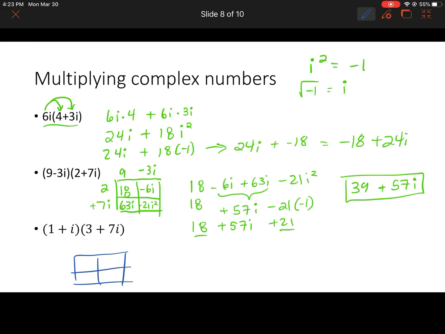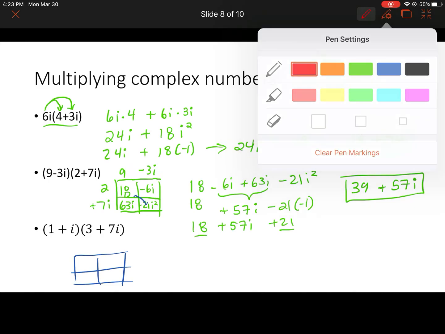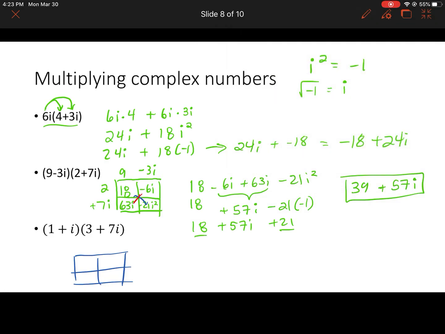I find it a bit easier to use the box method whenever you have imaginary numbers, just because the i squared is going to help you remember that it's supposed to be a negative value. These two are the same terms, and then these two are the same terms, so you want to combine them together at the very end.